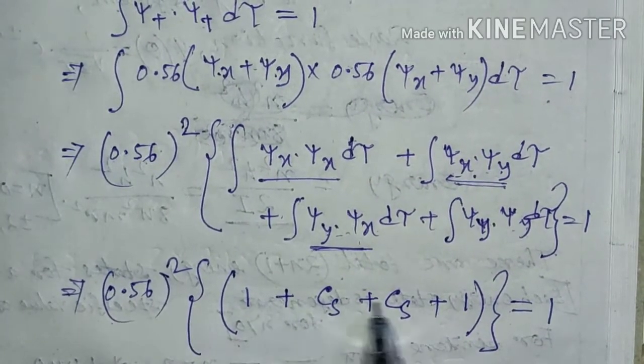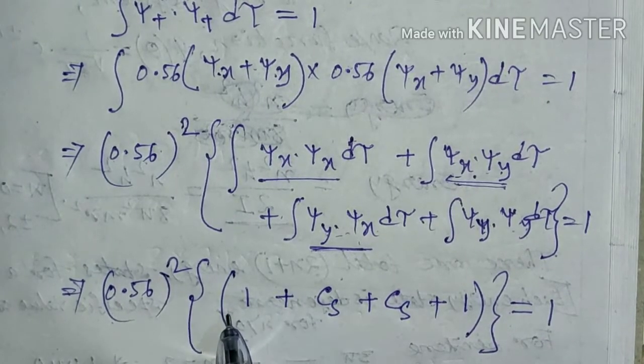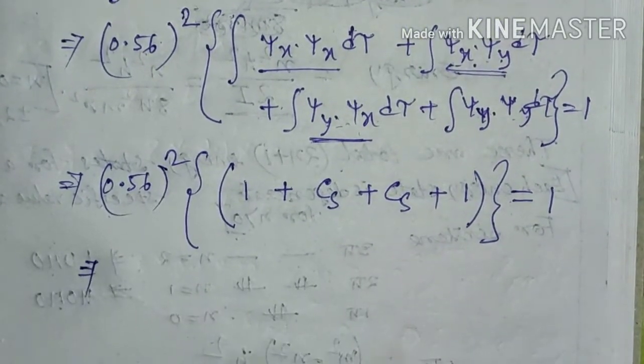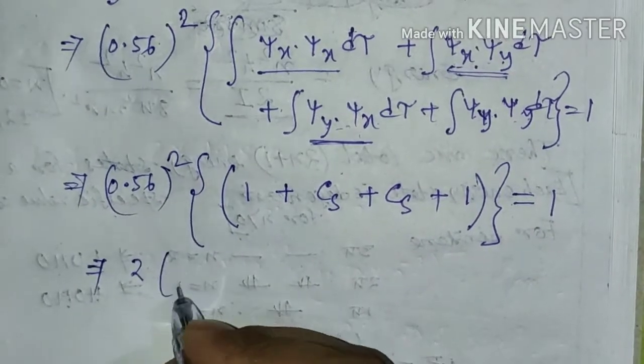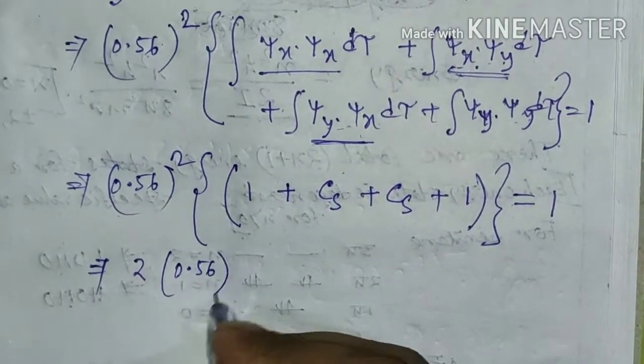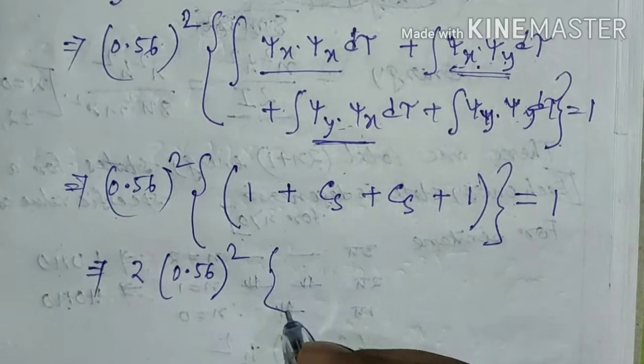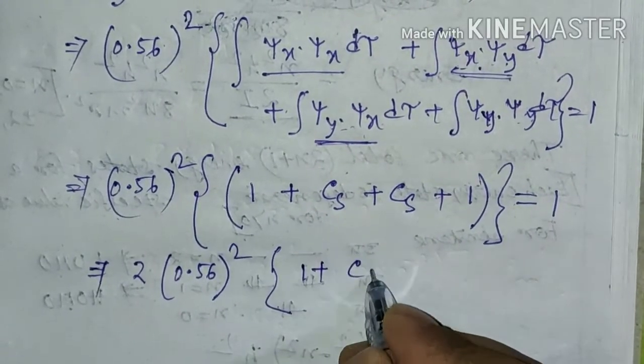If we sum up this value and take 2 common outside the bracket, then it will be 1 plus cs.